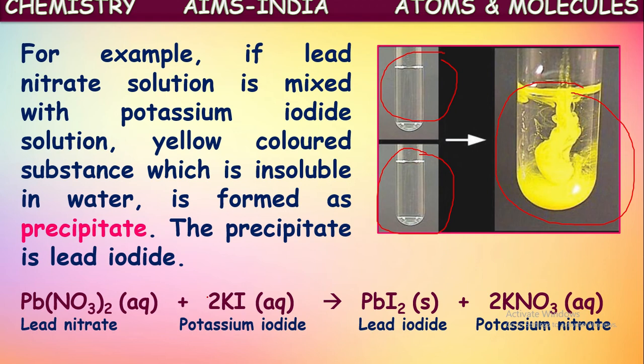The iodide ion combines with lead, and the nitrate ion combines with potassium. So they form lead iodide and potassium nitrate. In this way, these two compounds exchange their radicals mutually to form two new compounds. Hence it is called a double displacement reaction or double decomposition reaction also.